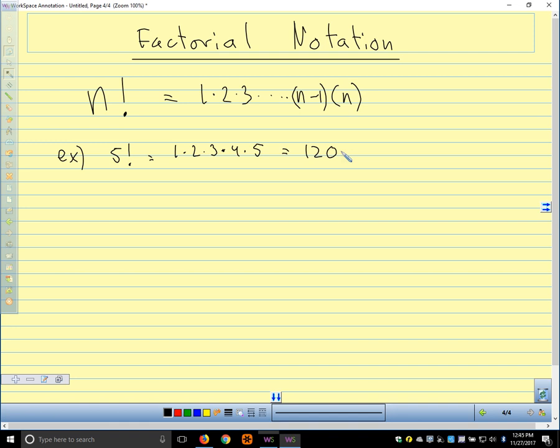There's one special case for factorials. 0 factorial is 1. And it needs to be that way for things to work out properly. And there are also arguments that you can make that 0 factorial is 1.